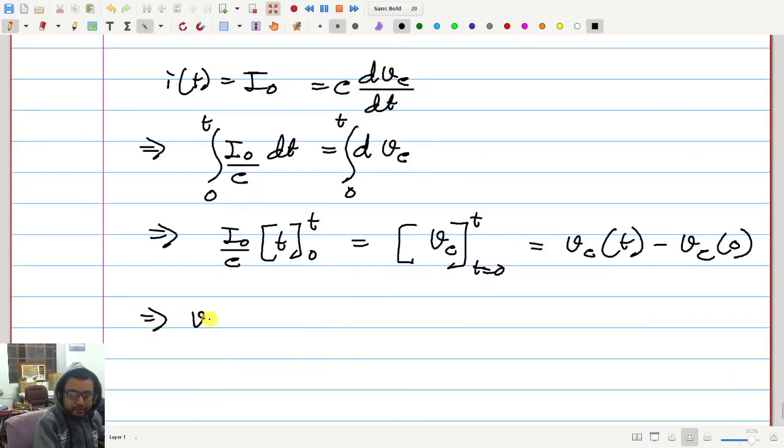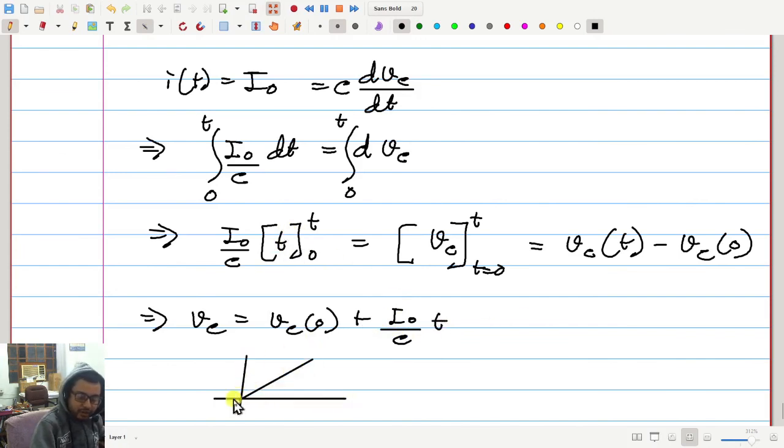So Vc is equal to Vc(0) plus I naught by C times t. So it will be a straight line going through the origin. The current will remain I naught, and after some time the voltage may be enough to cause breakdown, and until then the voltage will keep increasing.